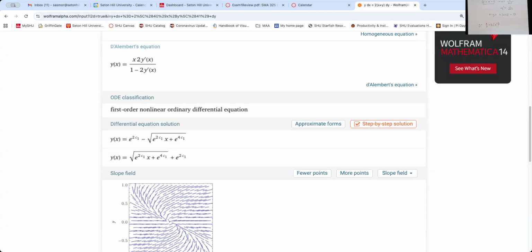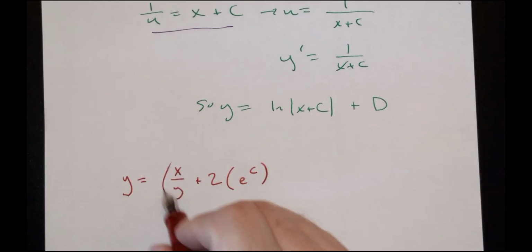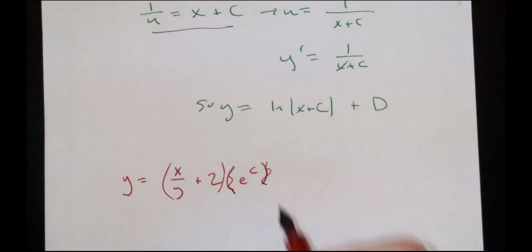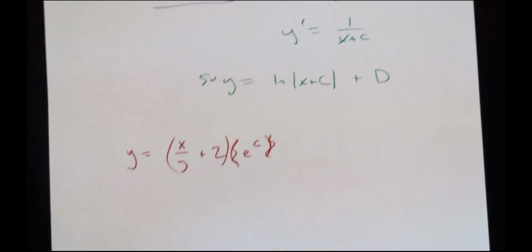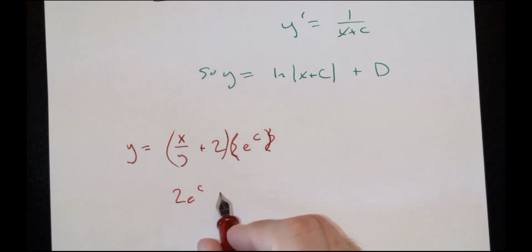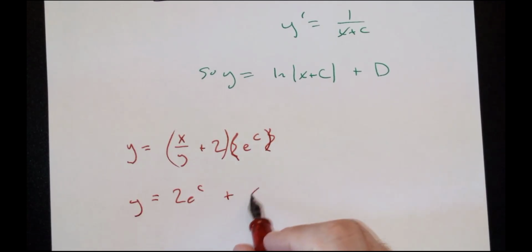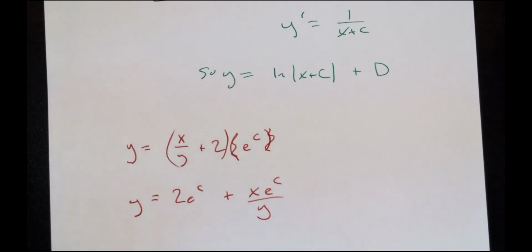So your solution looks like that. Like that. Okay, hang on a second. 2e to the c plus x e to the c over y, right?